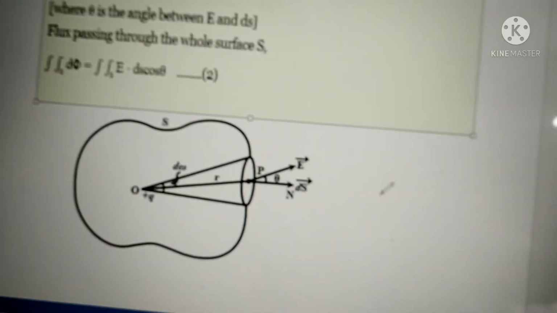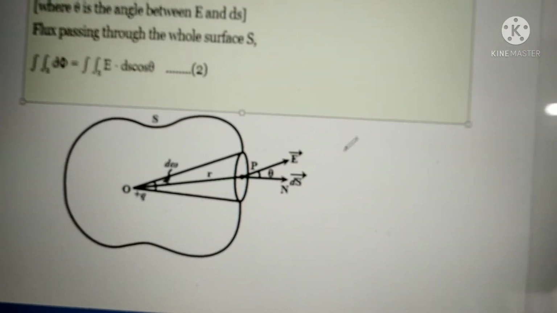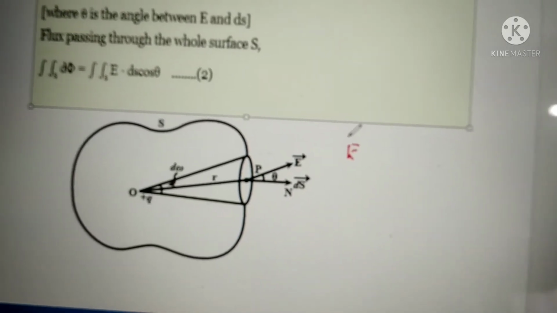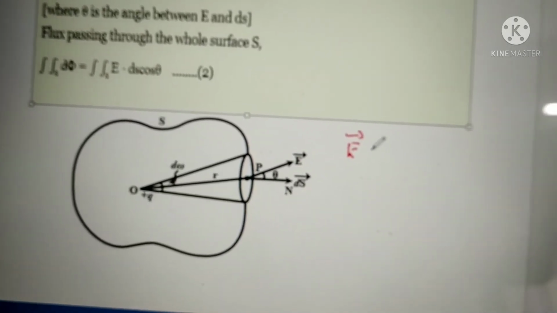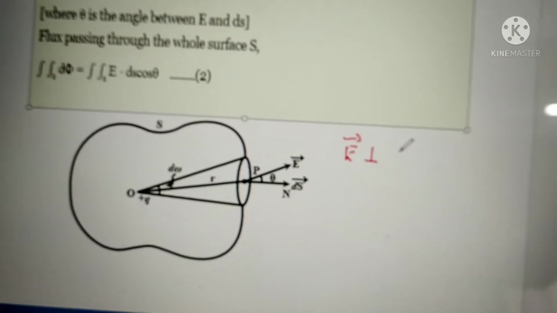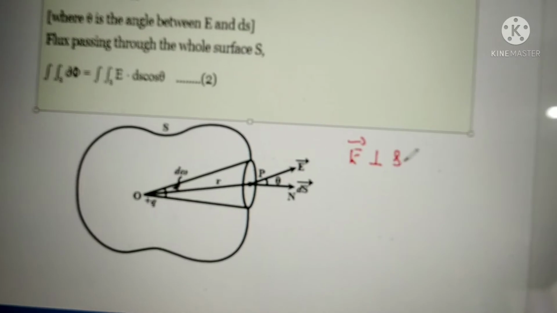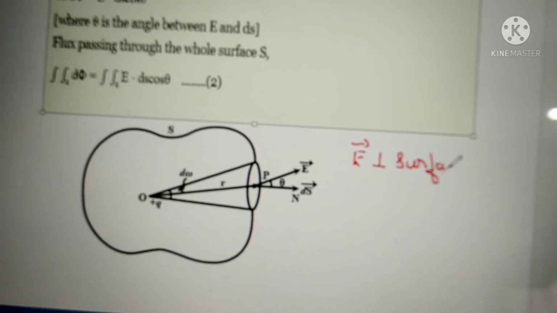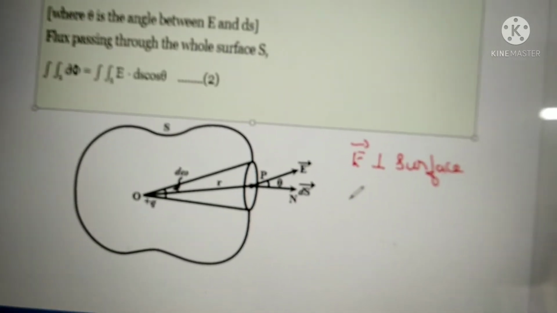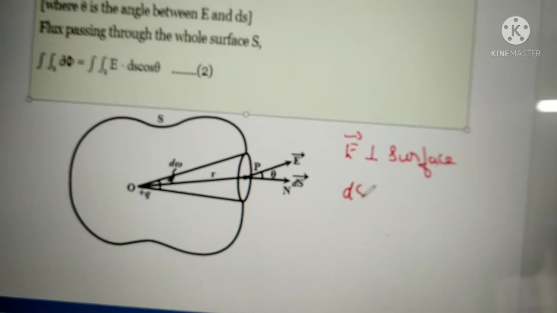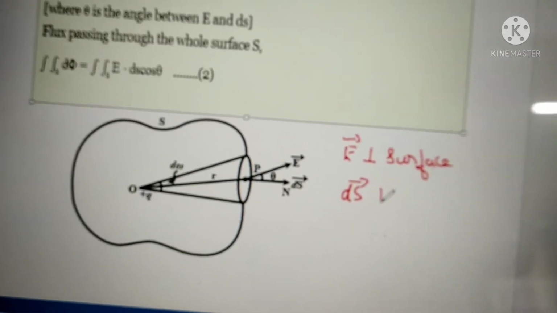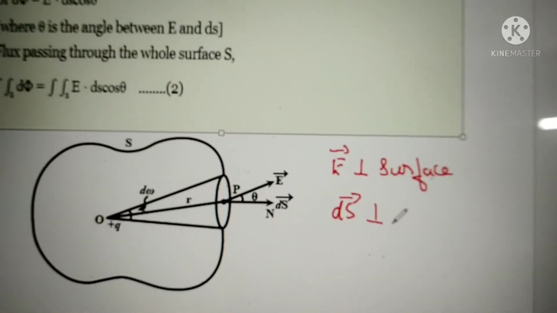But for you to understand, let me tell you that E will always be perpendicular to the surface. And ds vector will also be perpendicular to the surface.